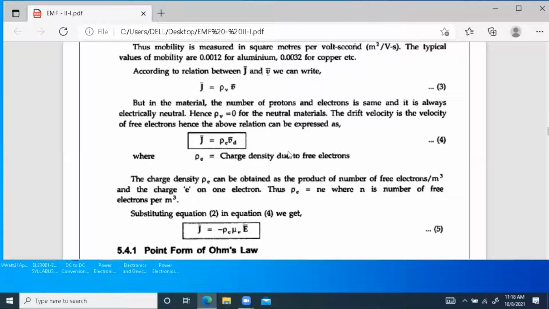J would then be the rate at which electrons cross a surface, and so it would be the charge density times the velocity.